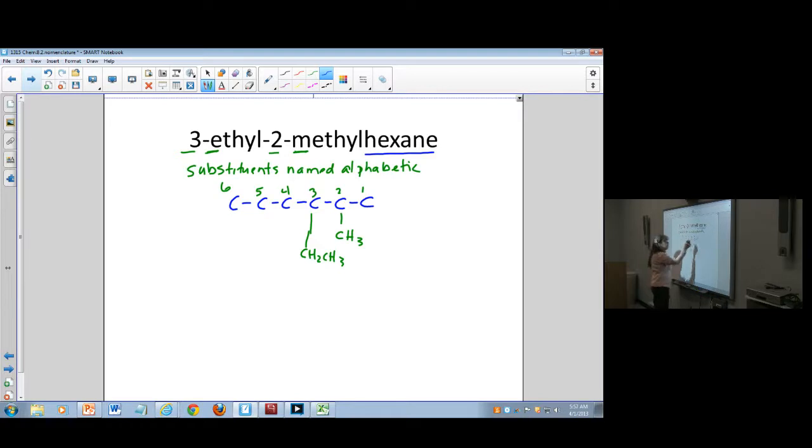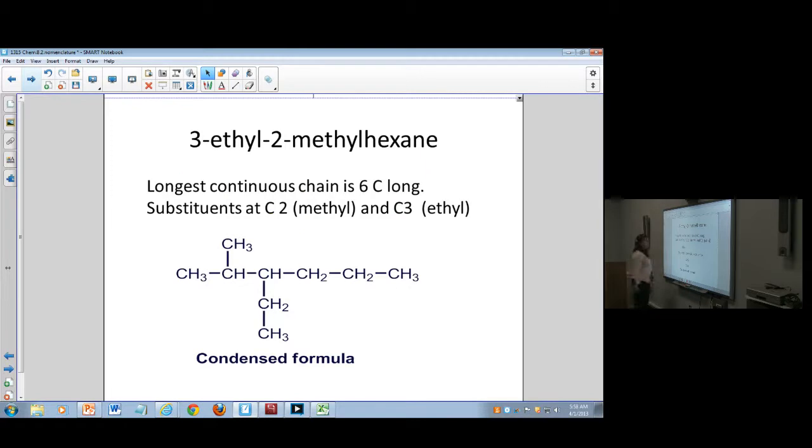Well, in this case, I might get a different color. I might want to number 1, 2, 3, 4, and 5. In that case, that's not the longest possible chain, so this is a good structure. I like it just like that. And then, of course, this is also 3-ethyl 2-methyl, only this time I numbered 1, 2, 3, 4, 5, and 6.